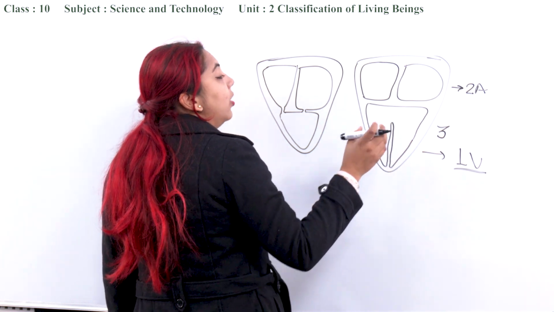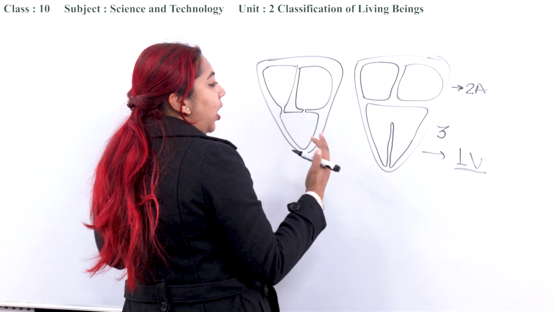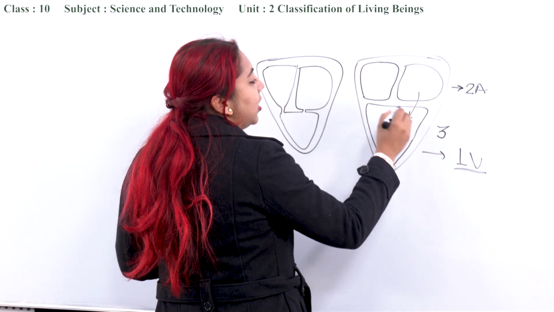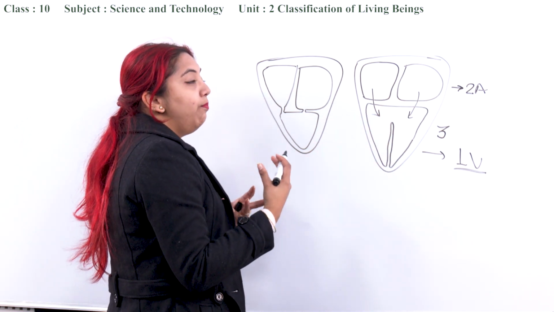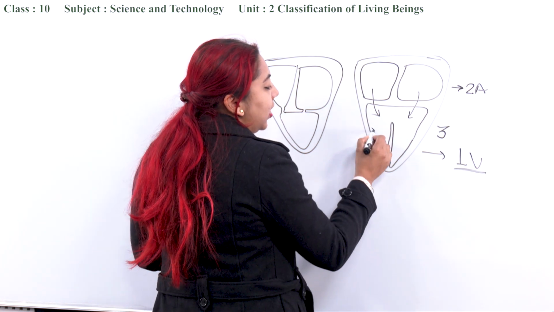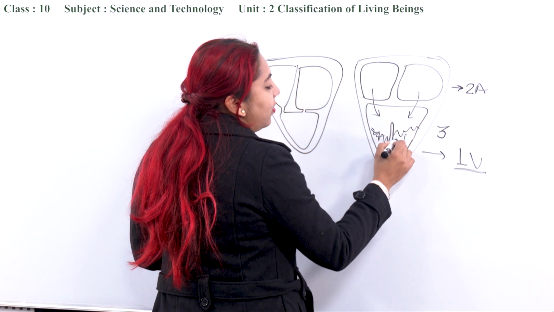So now, due to the presence of this partition, the oxygenated and the deoxygenated blood do not completely mix with each other. Some of the deoxygenated blood remains here and oxygenated blood remains here.